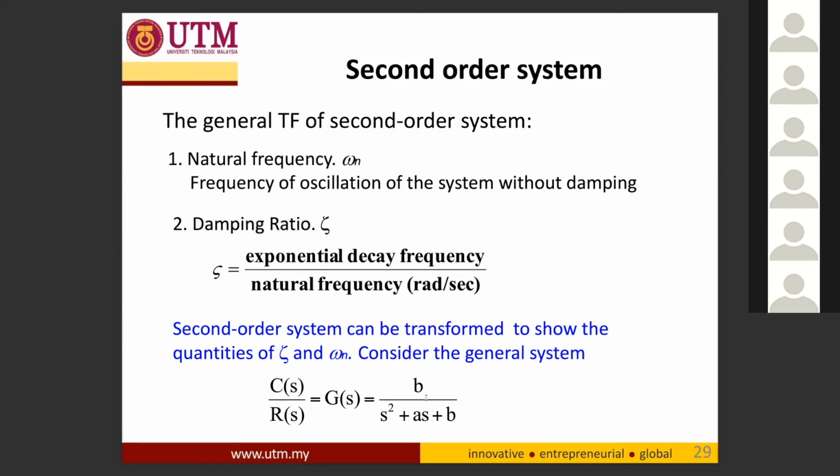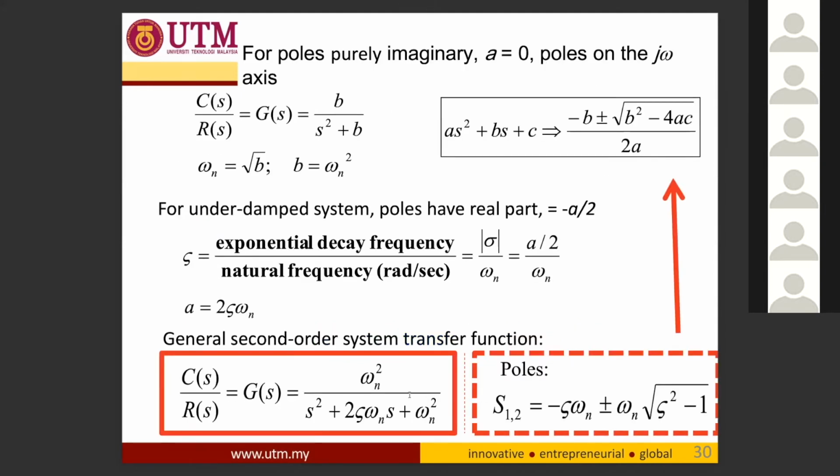So second order system can be transformed to show the quantities of zeta and omega n by considering the general system b divided by s square plus as plus b. For poles purely imaginary, a equals 0. Poles on the j omega axis, imaginary axis, are at omega n, square root of b, and b is equal to omega n square.